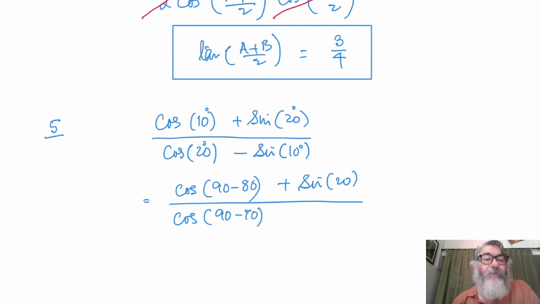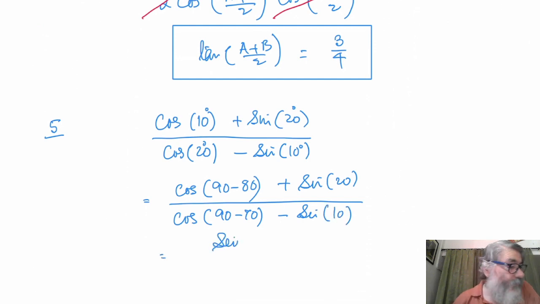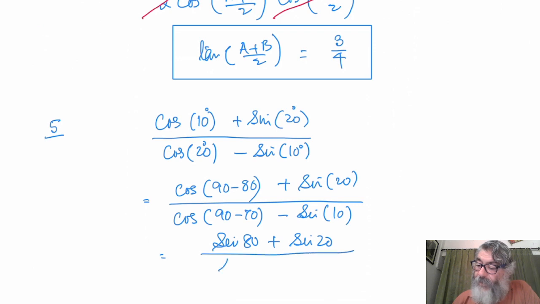But it will change to sine. What will it become? It will become sine 80 plus sine 20 upon sine 70 minus sine 10.